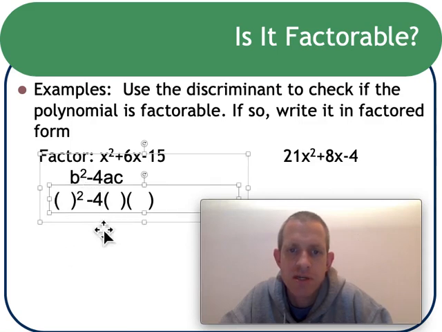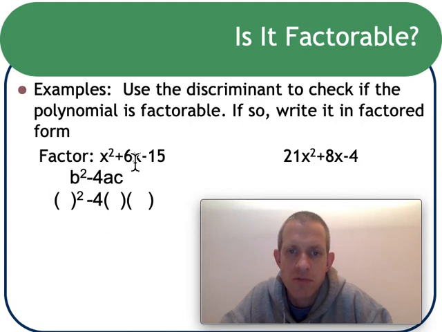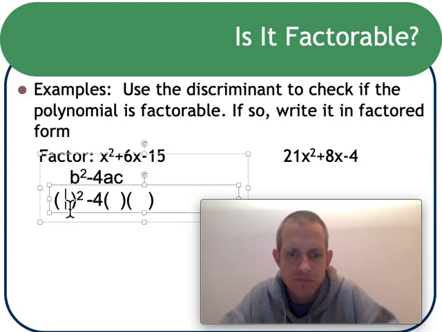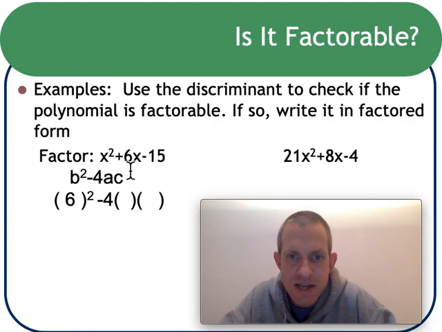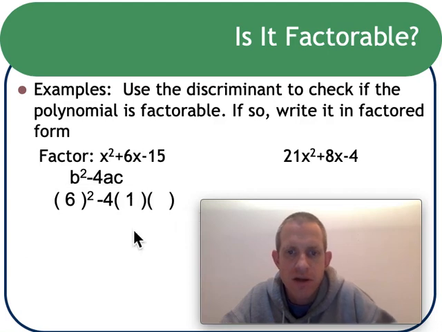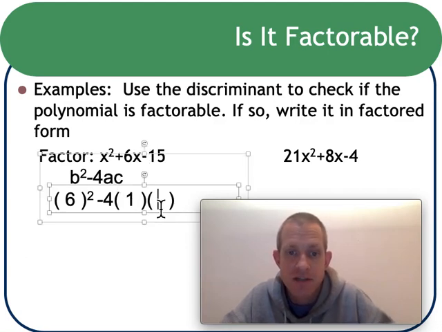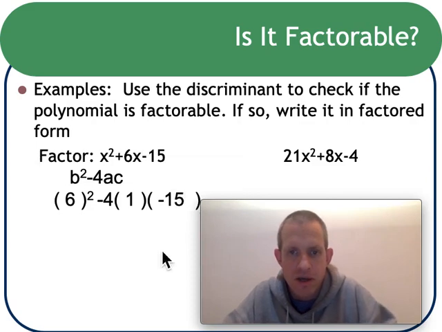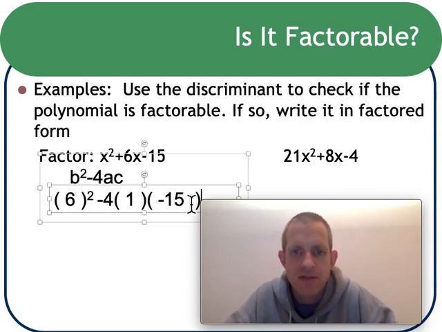So instead of b, what we're going to do is put the middle number, which is a 6. And instead of a, I'm going to put the invisible 1 that's in front of the x squared. And instead of c, I'm going to put the negative 15 that's in here. And I'm going to calculate what that gives us.